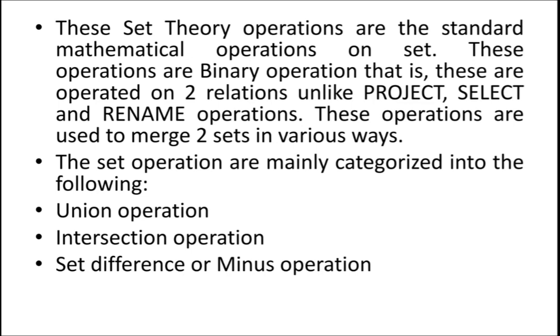For a unary operation, examples are select and project. These set operations are binary operations because they operate on two relations. In project and select, you use only one relation or one table, but to use these set operations you need two tables or two relations.